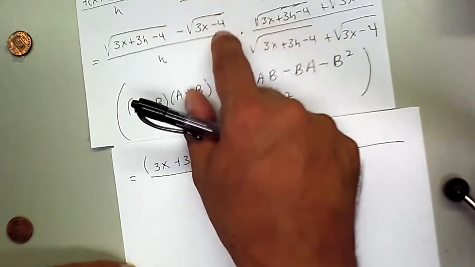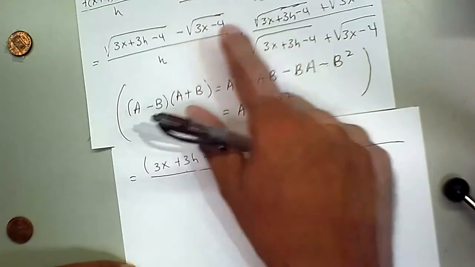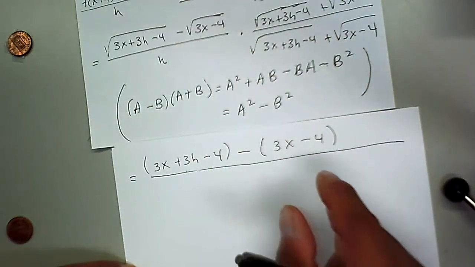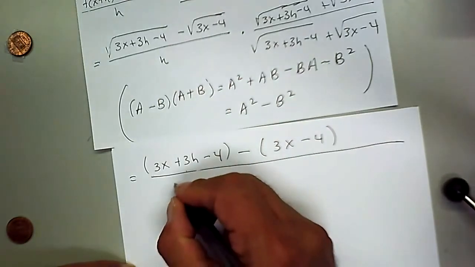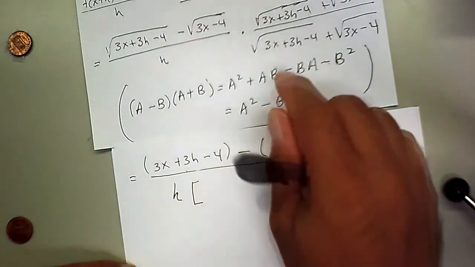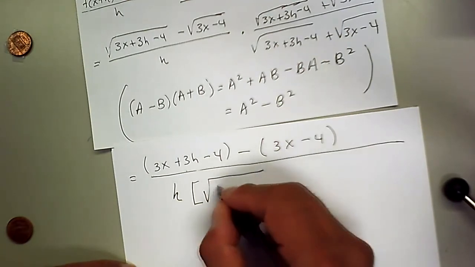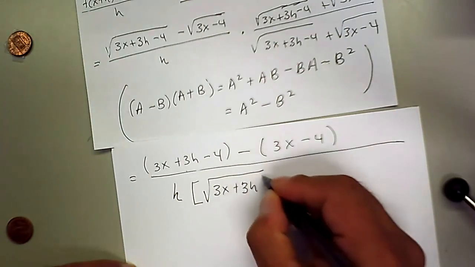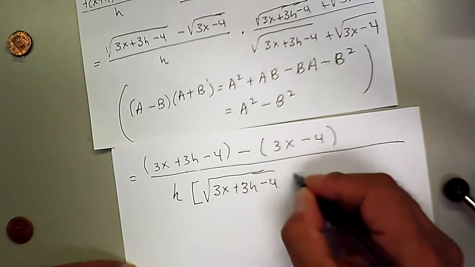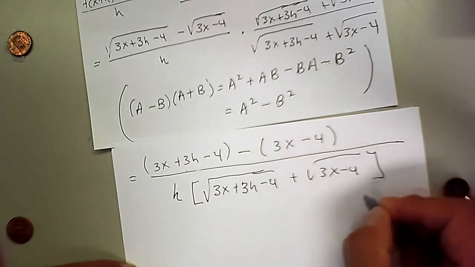And then those two would have been another two roots together, one positive, one negative, and they simplify each other out. In the denominator, do not distribute. Keep the h there, and we're going to keep this other denominator with it: square root of 3x plus 3h minus 4 plus square root of 3x minus 4, close the bracket.